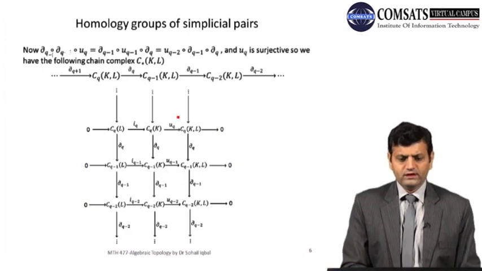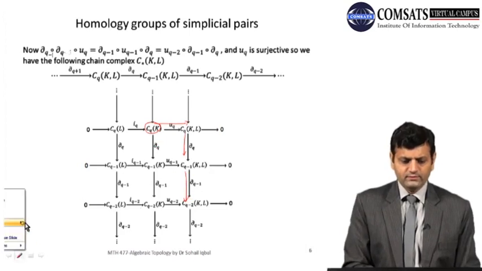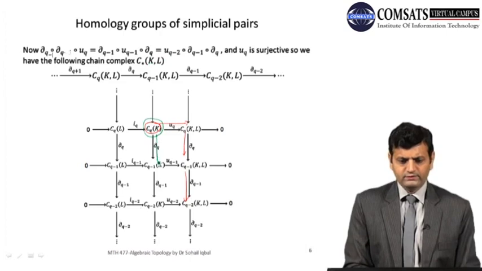Now if I start from an element of C_q(K) and apply u_q first, and then apply this boundary map, then it is the same as starting from this u_q, applying the boundary map first, then applying u_{q-1}, and following this path.